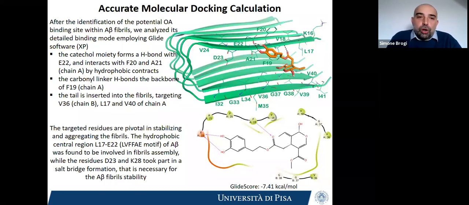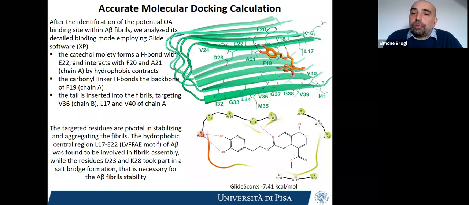The central region of the molecule is able to target, by an H bond, the backbone of phenylalanine 19.